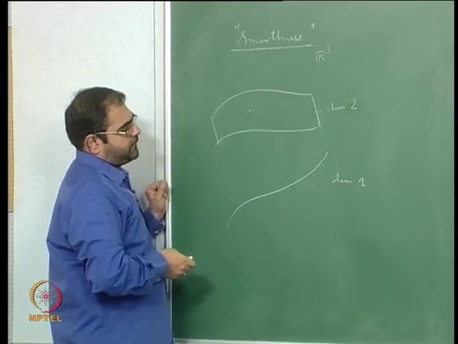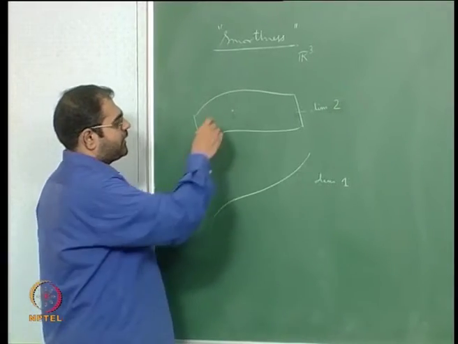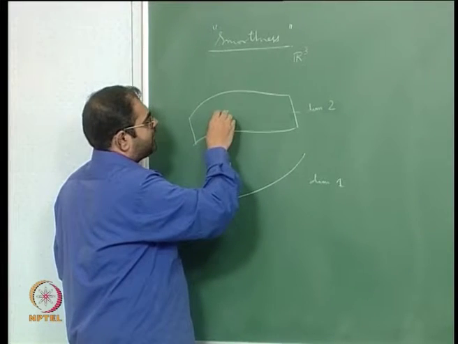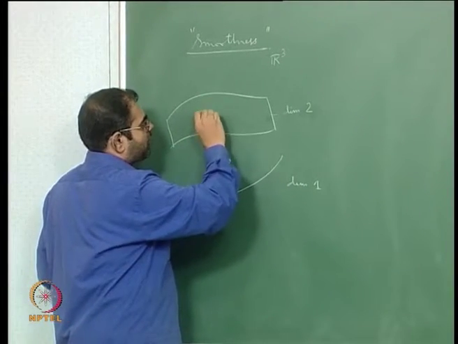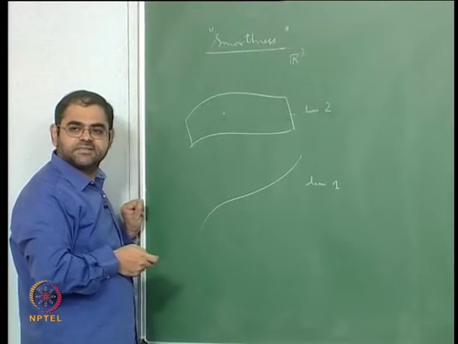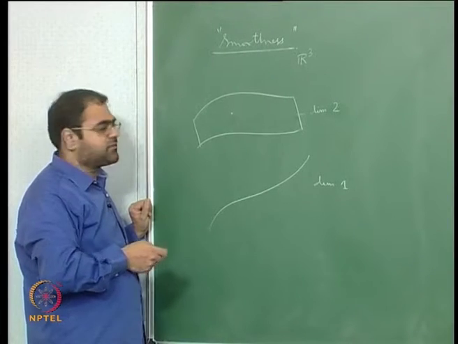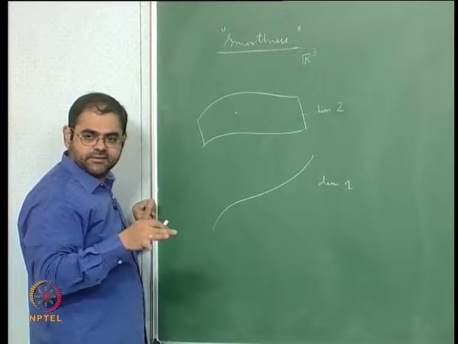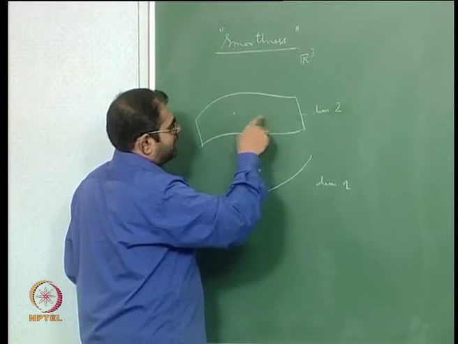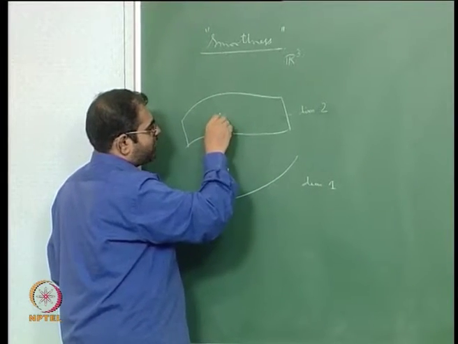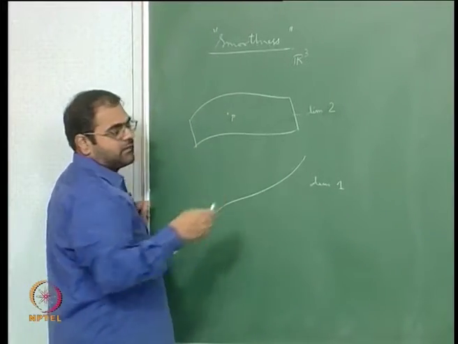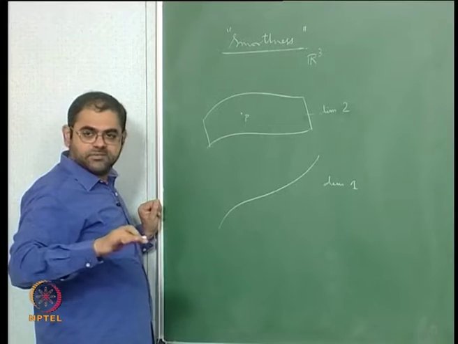And if you take a point on the surface and try to draw all possible tangents to the surface at that point, you get the tangent space at that point. And if the surface is smooth at the given point P, then the tangent space will also be 2 dimensional.